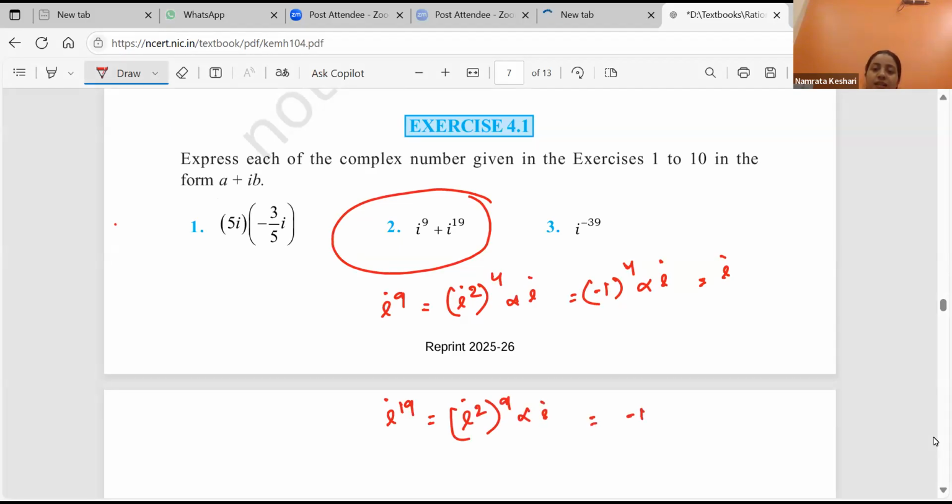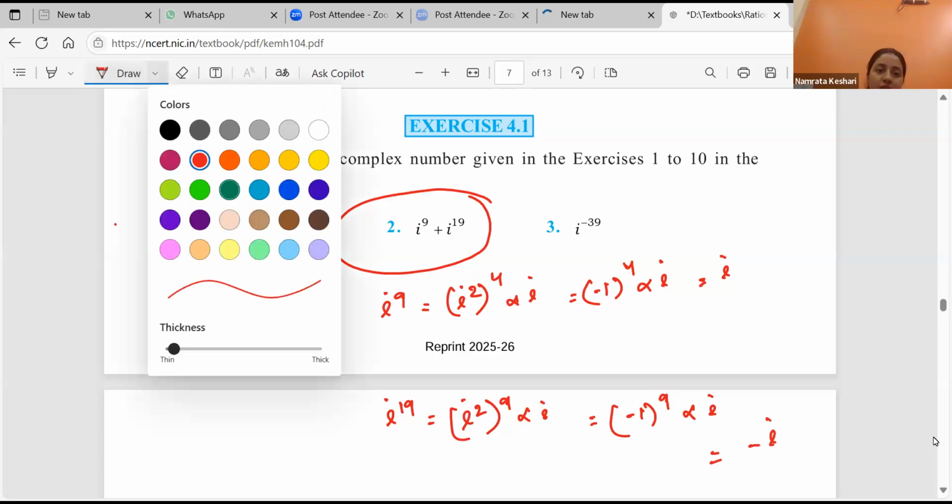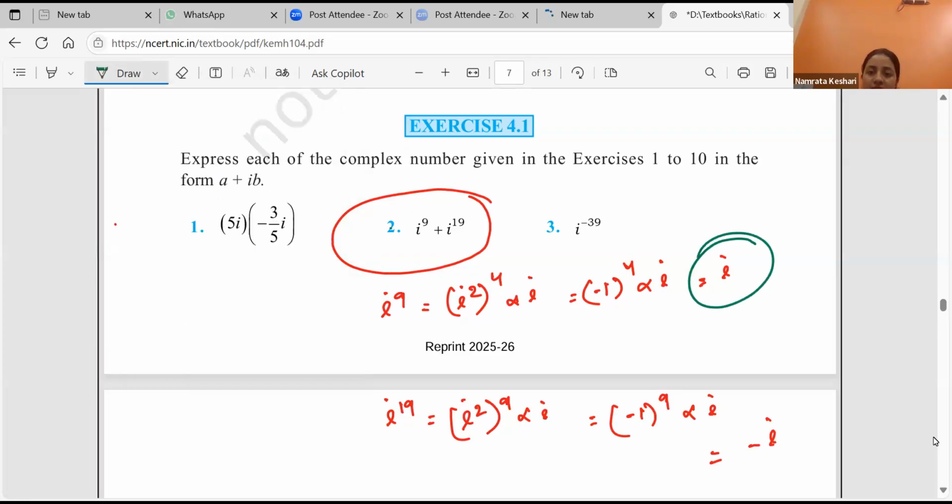That means negative 1 raised to 9 into i. That means minus i. So are we trying to say that it is i minus i, that is 0? Yes, miss. We are trying to say that i minus i will be 0.